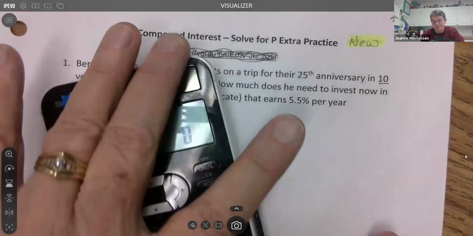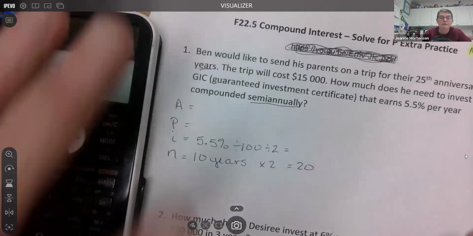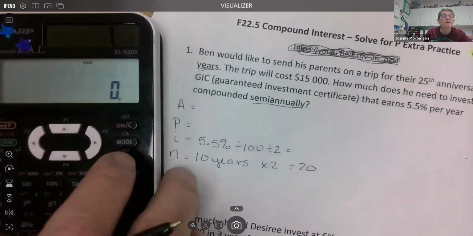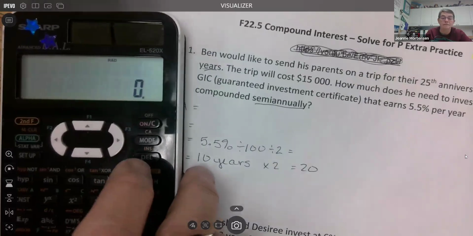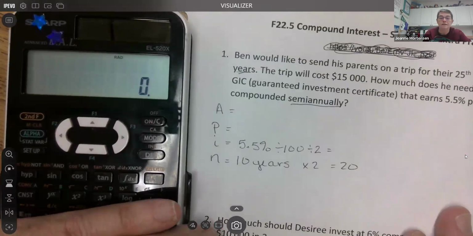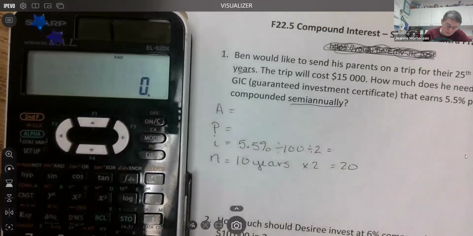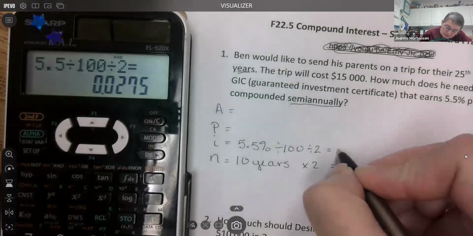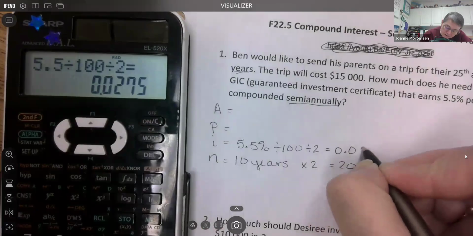Oh, sorry. Move this over here. And we can see everything. There we go. Okay. 5.5 divided by 100 divided by 2 is 0.0275.